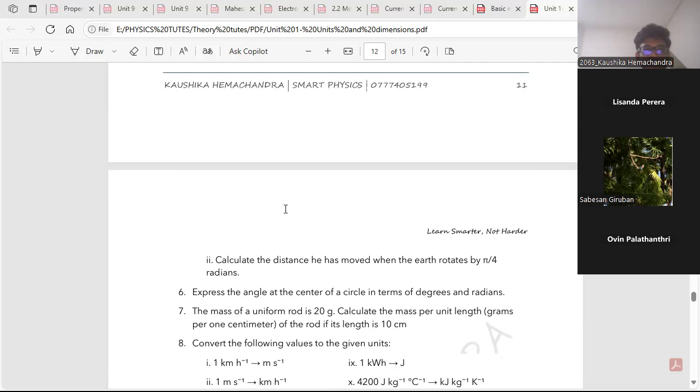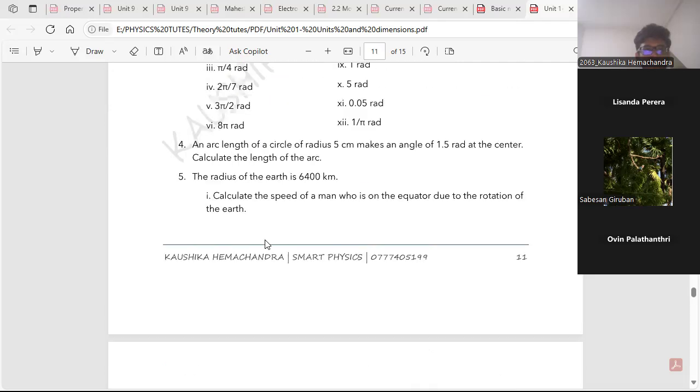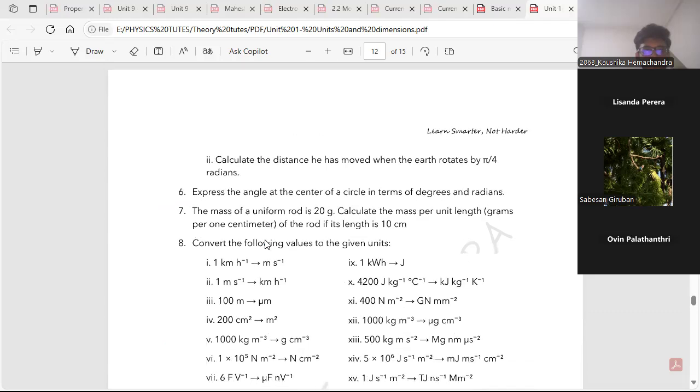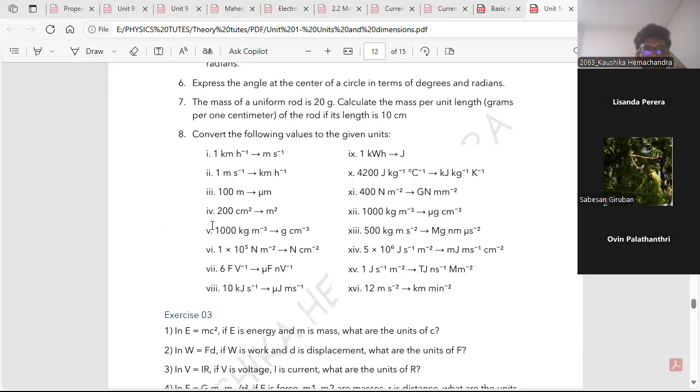Okay. Let's do a smaller value, a small value still. Do the third one.